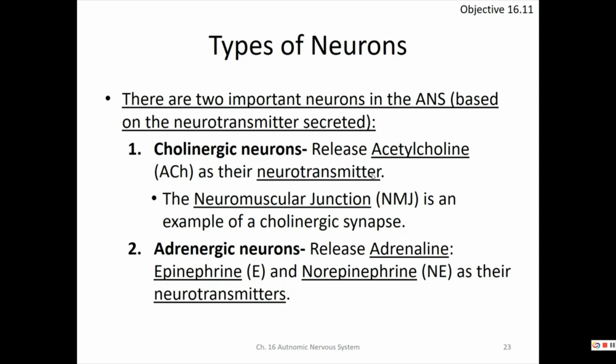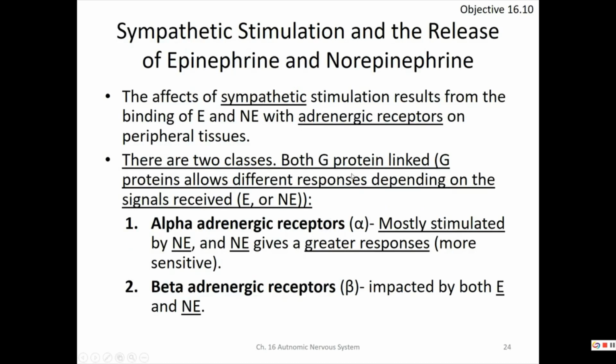Now, neurotransmitters here, epinephrine, norepinephrine, adrenergic, adrenaline, cholinergic, acetylcholine. Okay, so these are two very big, important definitions and terms we must know. They're huge. You will see this all the time. So it's a very big deal. Cholinergic, adrenergic.